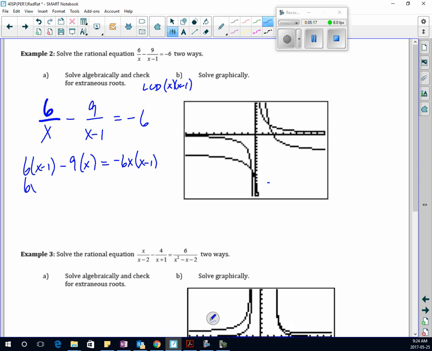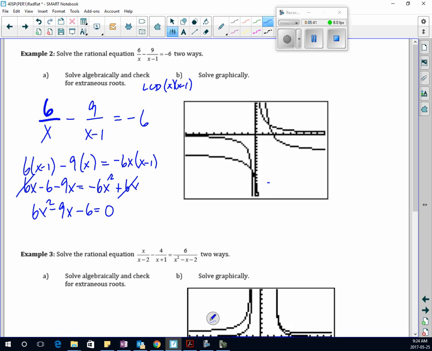So then I get 6x minus 6 minus 9x equals negative 6x squared plus 6x. Move everything over. I get 6x squared. The 6x's will cancel. Minus 9x minus 6, yes?